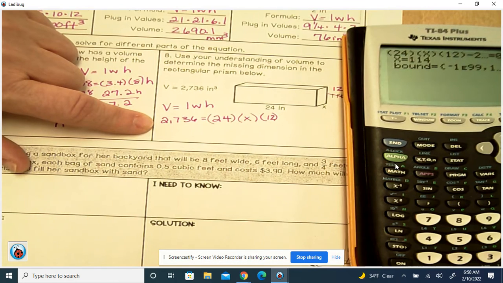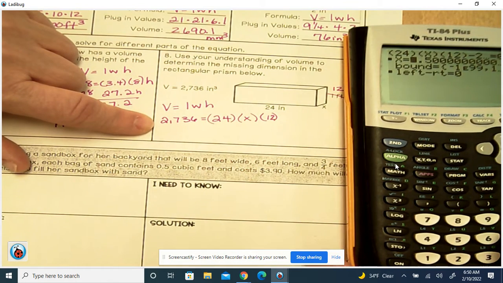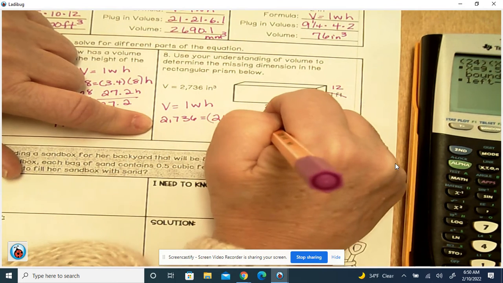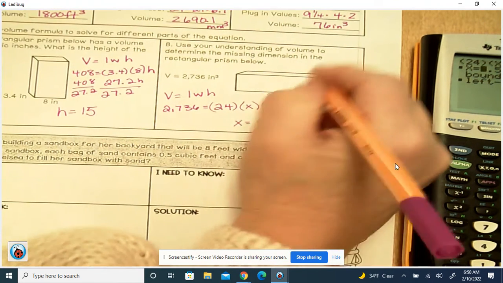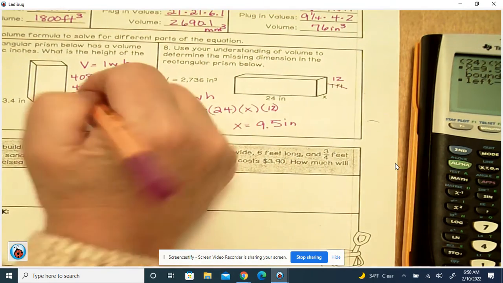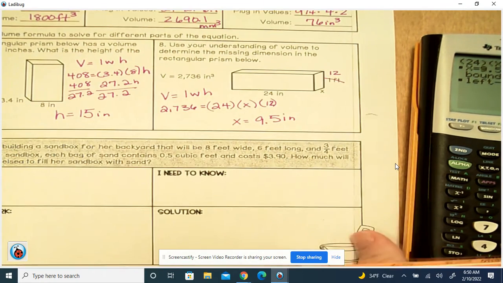Enter, alpha, enter, and you get x is equal to 9.5 inches. This one's inches as well.